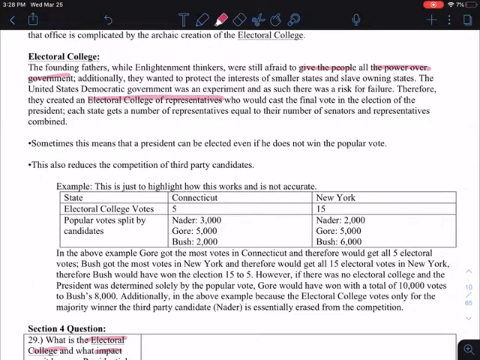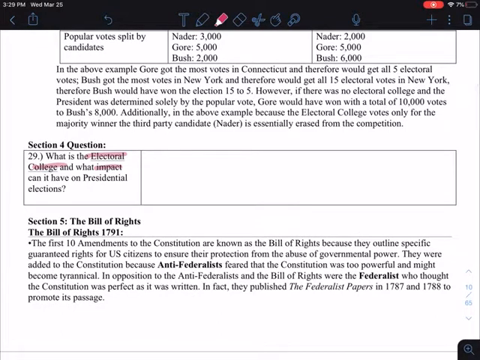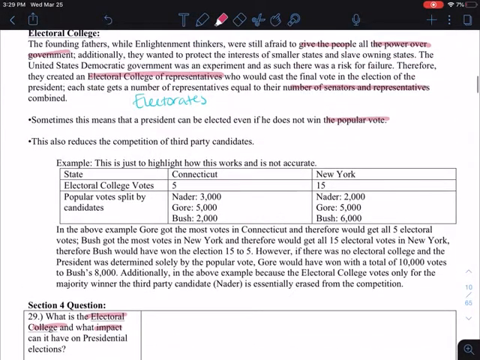The way that we get the number of electorates is by adding the number of senators and representatives together. They vote based on the popular vote, and the possible impact that they can have is that sometimes the popular vote is larger for one side, but they didn't get the correct or better electorate states.